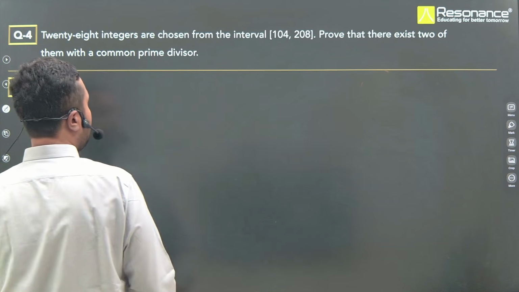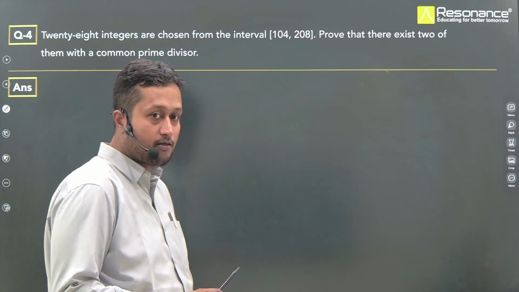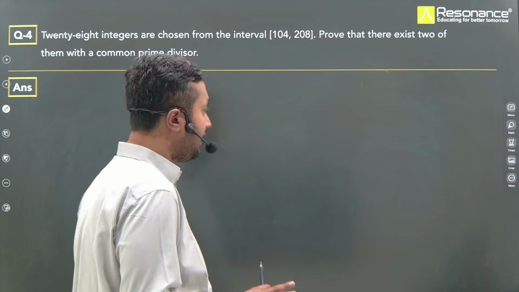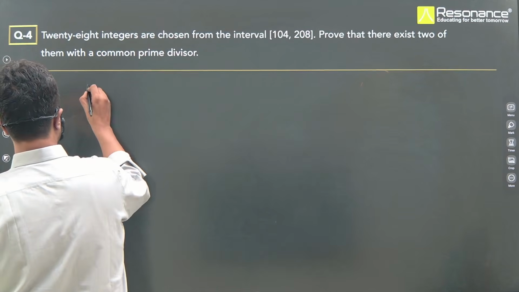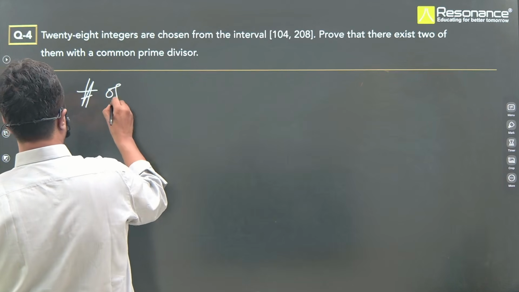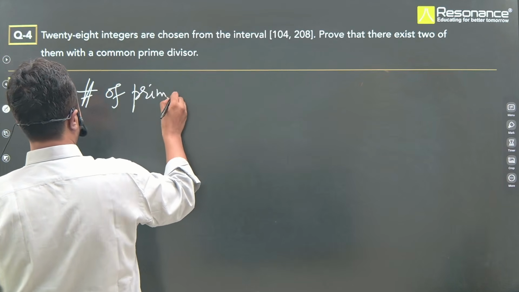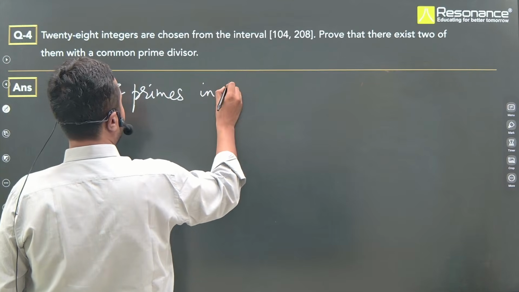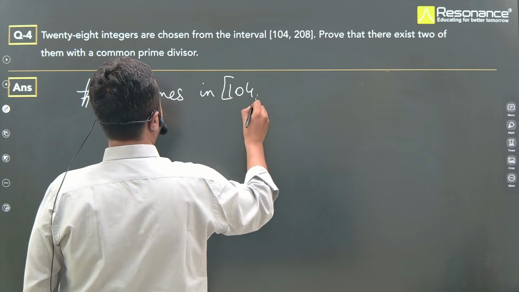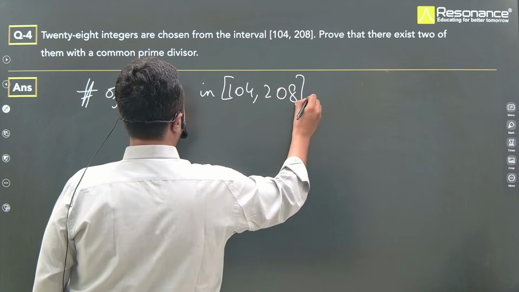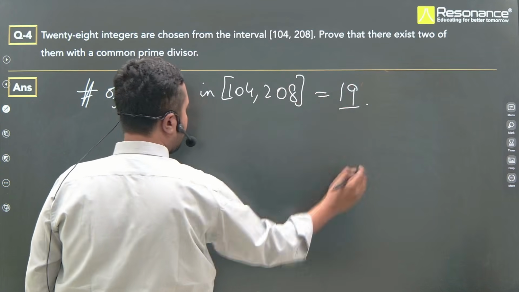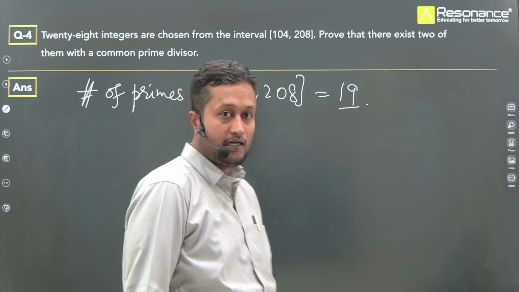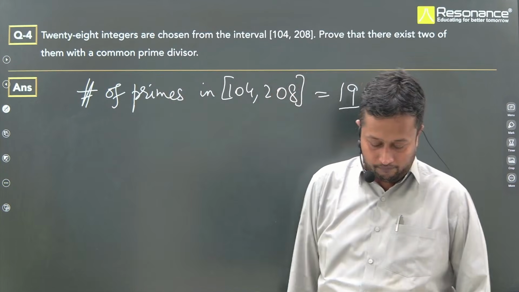Okay, so, well, you'll have to do this calculation by yourself. I'll just write down one thing. What I want to say is number of primes in 104 to 208, you'll have to actually count those things properly, right? Yeah, you can do that.